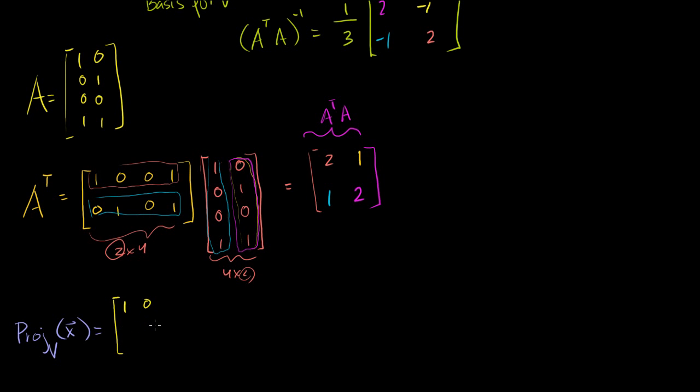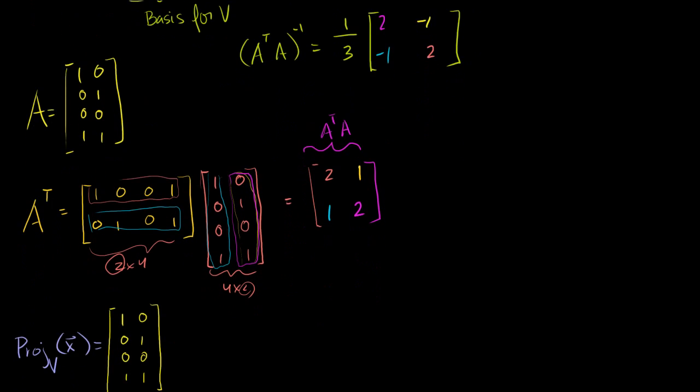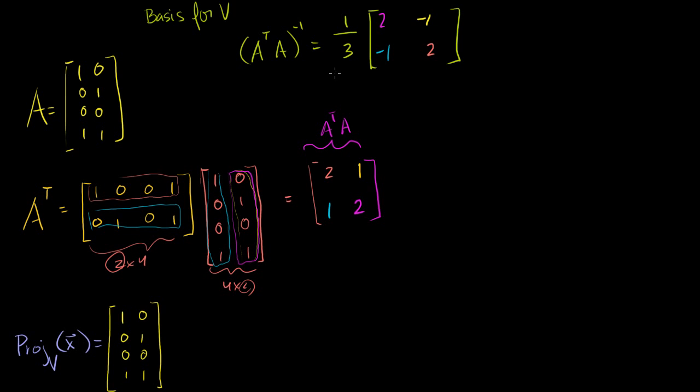Let me write it a little bit bigger like this. So A is 1 0 0 1 0 1 0 1, times A transpose A inverse, right? A times A transpose A inverse, which is this guy right here. And let's just put the 1/3 out front, just because that's just a scalar. So this A transpose A inverse is 1/3 times 2 minus 1 minus 1, 2.